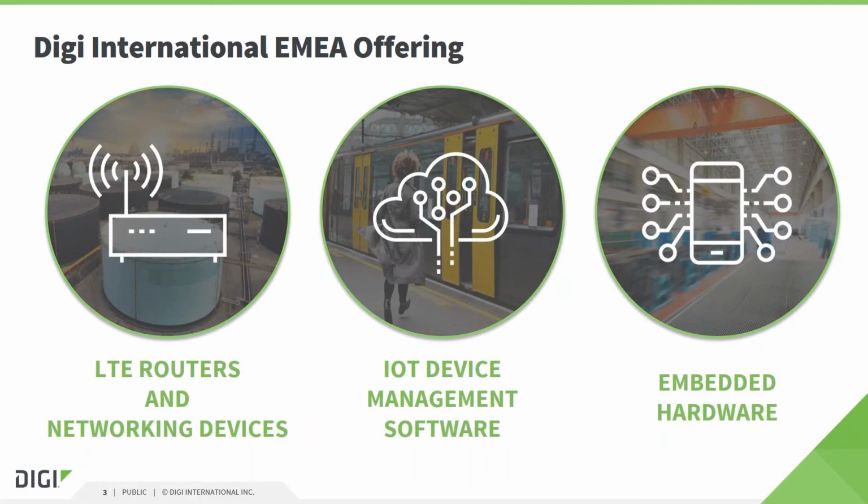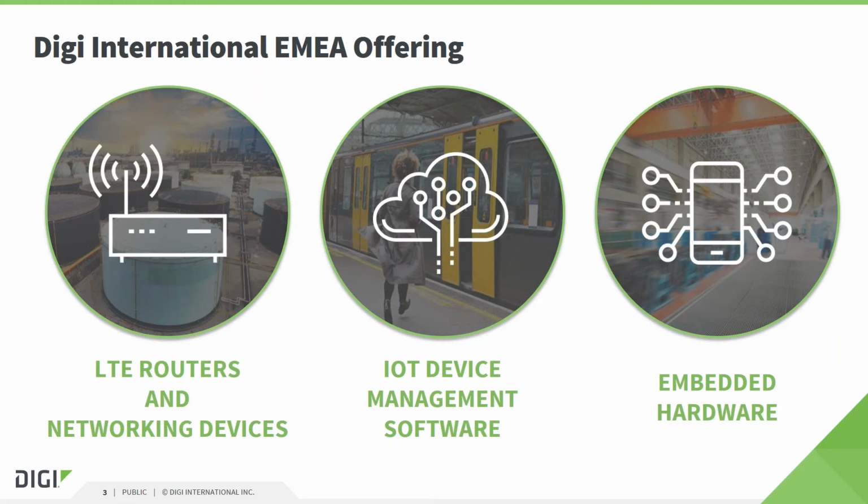For those of you who don't know too much about Digi International, we are a 30-plus-year-old US-based company centered in Minneapolis, Minnesota, specializing in products and solutions for customers seeking solutions for the Internet of Things and their applications.